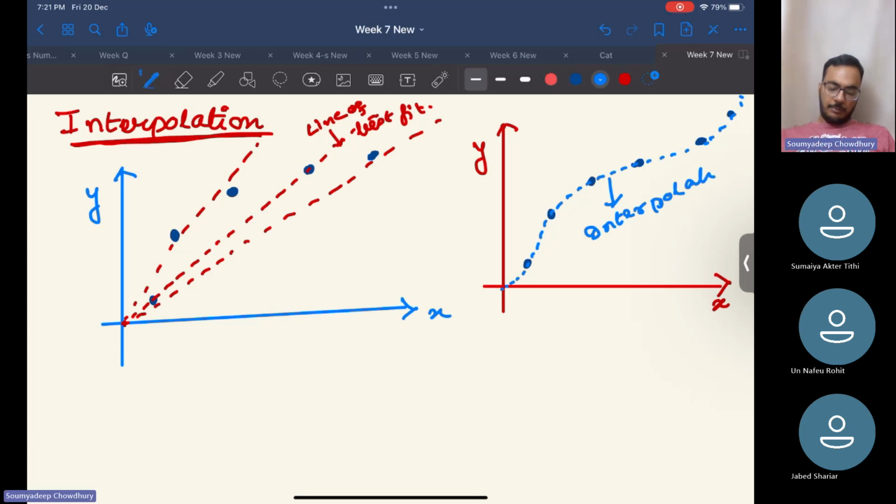The main difference between a line of regression and an interpolating polynomial is that in regression, your line of best fit passes through most of the points, or best mimics your data, but it doesn't exactly represent your data set. In interpolation, the interpolating curve exactly traces your data and passes through all the data points. That is the basic difference between regression and interpolation. I'll just write it down.